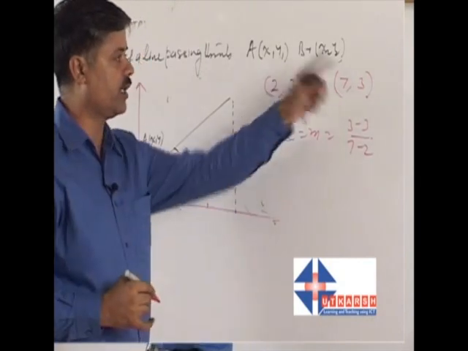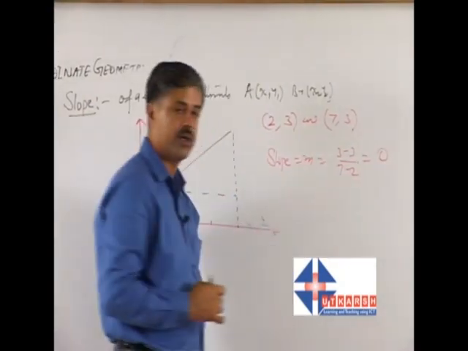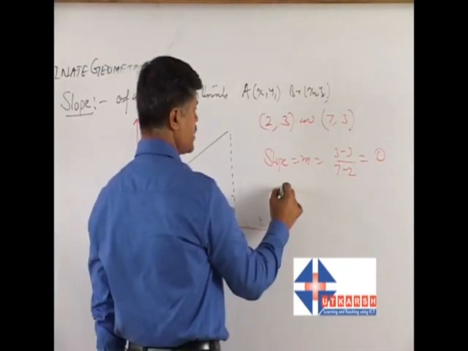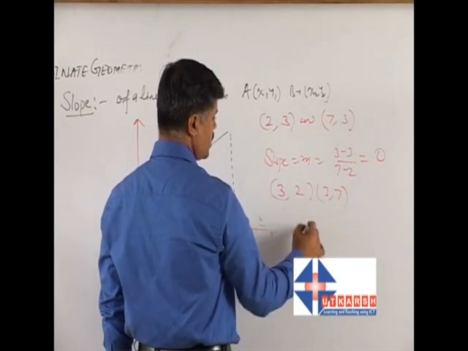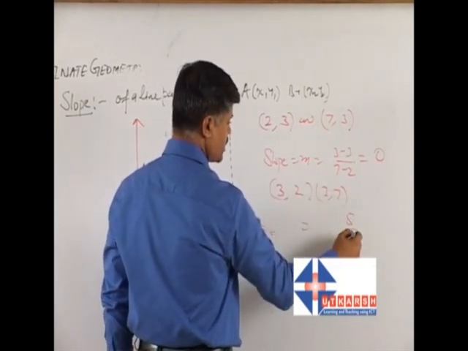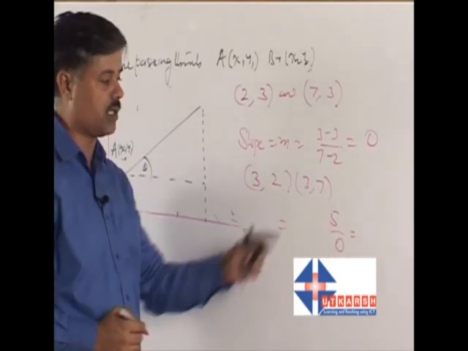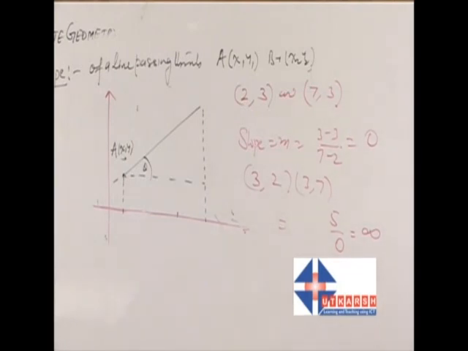You can take 3 minus 3 or 2 minus 7, it is immaterial. So this is 0. Now if the points are like this, (3, 2) and (3, 7), slope will be 7 minus 2, which is 5, upon 3 minus 3, which is 0. Don't say 5 or 0, it will be undefined. It becomes infinity, undefined.